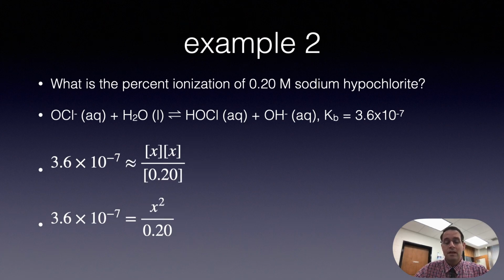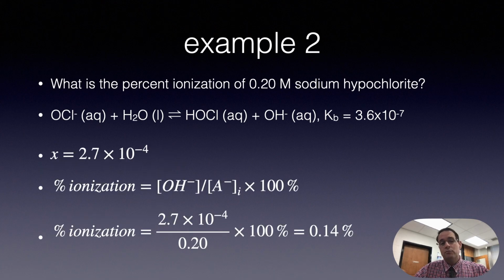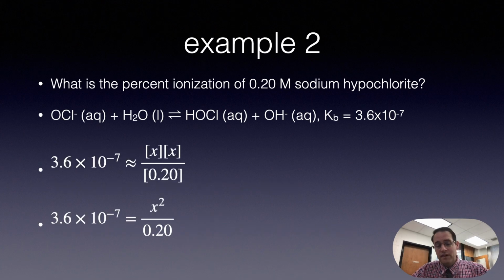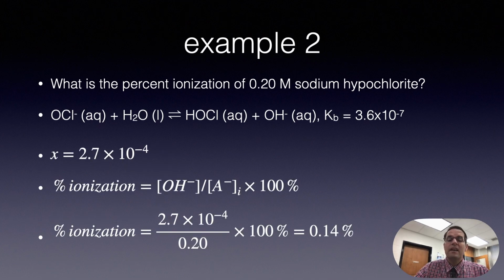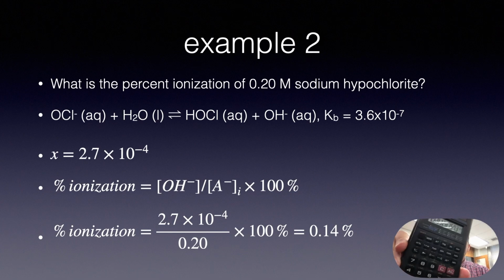So combine the terms there. x times x is x squared, and multiply each side by 0.2, and then take a square root on your calculator. So you would enter 3.6 times 10 to the minus 7, multiply by 0.2, and then hit the square root button on your calculator to get the final answer. And I get x is 2.7 times 10 to the minus 4 when I round that off.